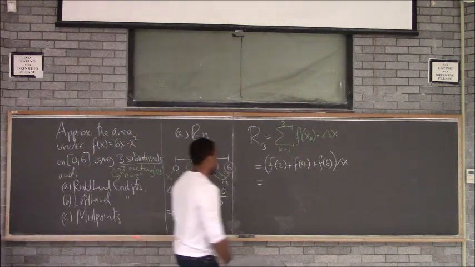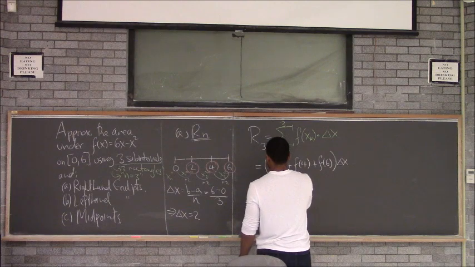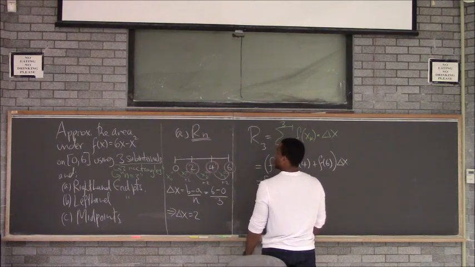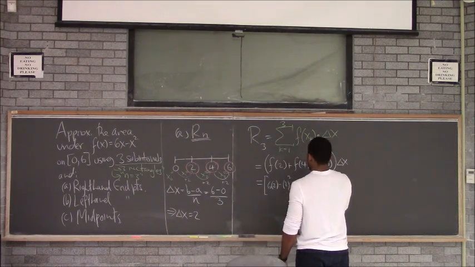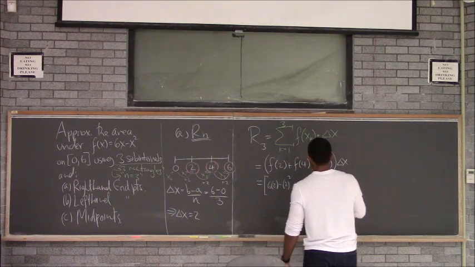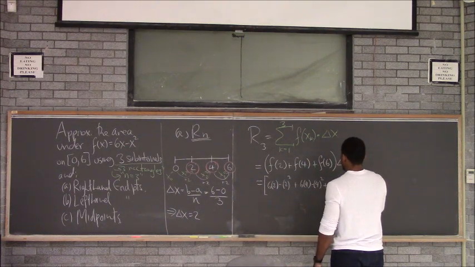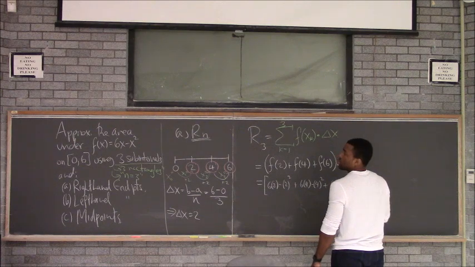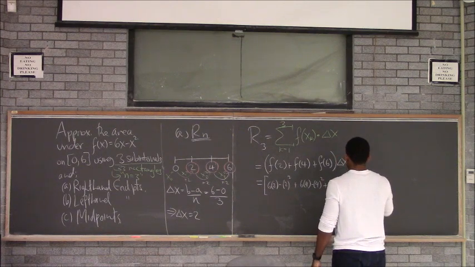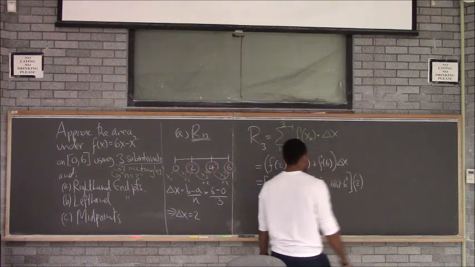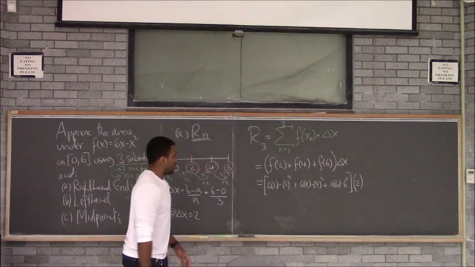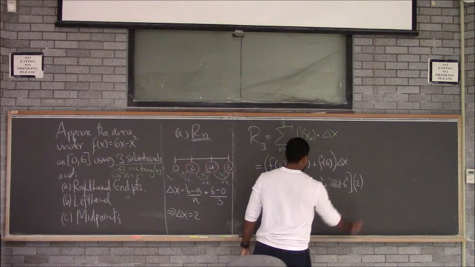That's going to give you the height. So this is going to be 6 times 2 minus 2 squared, plus 6 times 4 minus 4 squared, plus 6 times 6 minus 6 squared, all that times our delta x, which in this case is 2. Of course, that last term is going to be 0.